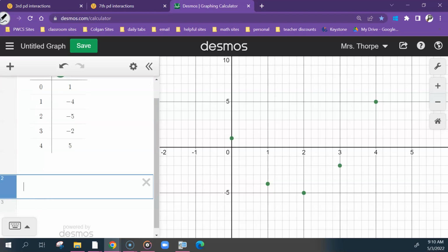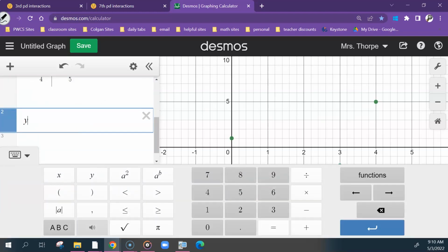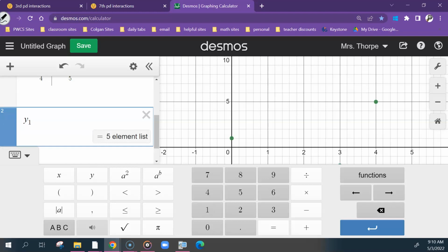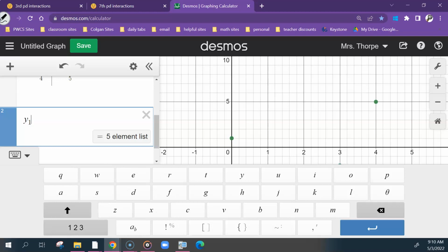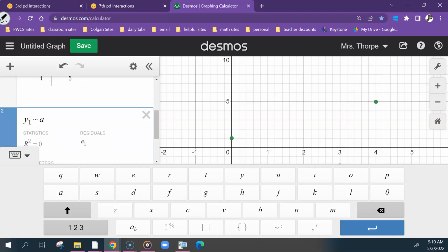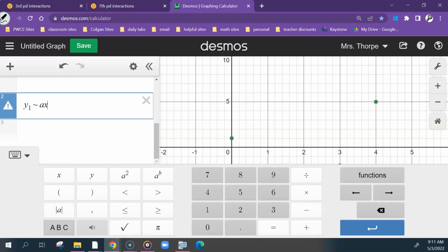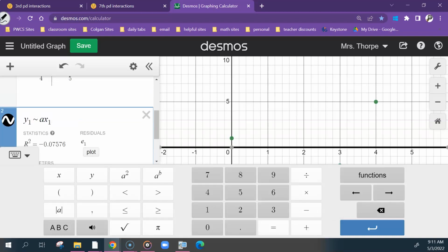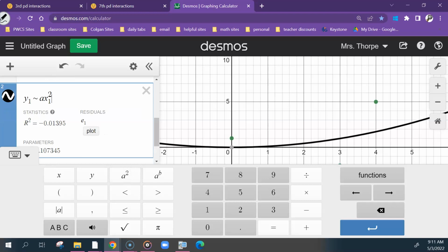You can type in or use your keyboard Y1. If you're typing, the tilde, the squiggly line, is above tab. Or in your keyboard, if you go into ABC, this one right here. You'll be switching back and forth between these two tabs unless you're typing. AX1, and this needs to be squared. So I just hit AX1 and then hit the square button and it automatically did that.